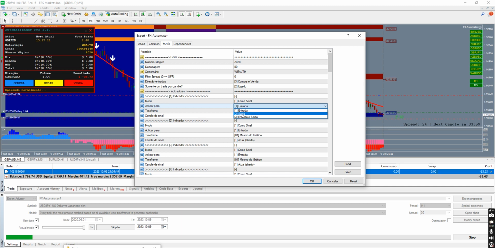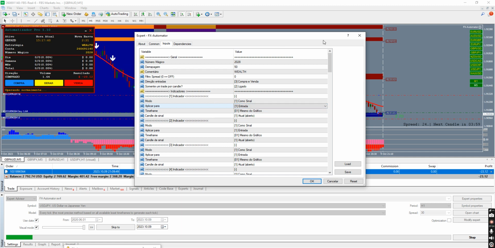Also, you can say that no, I want this first custom indicator setting to be the exit of my trade. That means it's not going to be an entry trade.